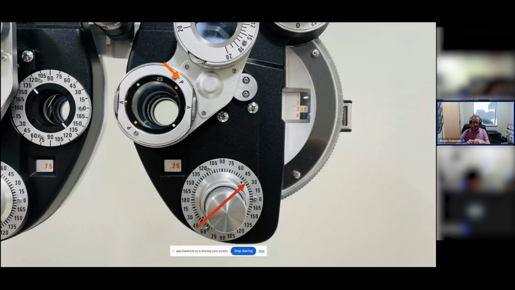We turn that knob, and if you turn it to the right, you're going to increase the power of the cylindrical lens. And you will normally go 2 clicks as before. So you add 2 clicks of minus cylinder power, and that will change the number where it says 0.25 into 0.75.